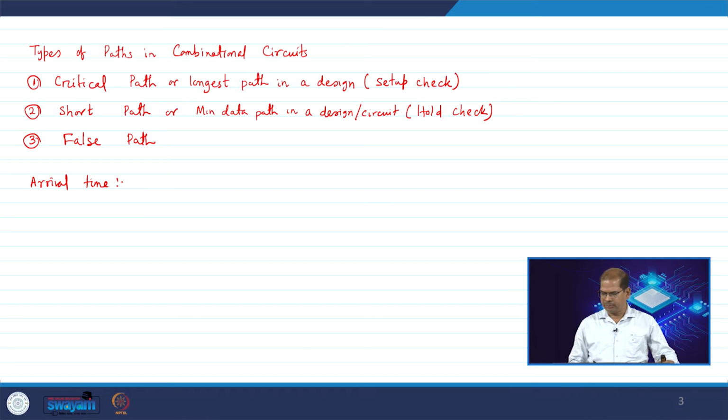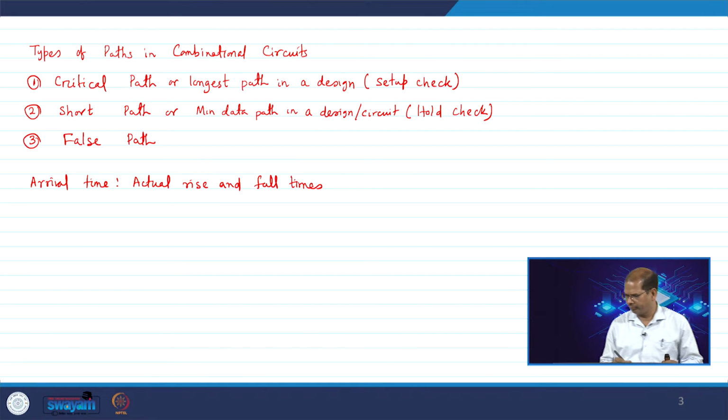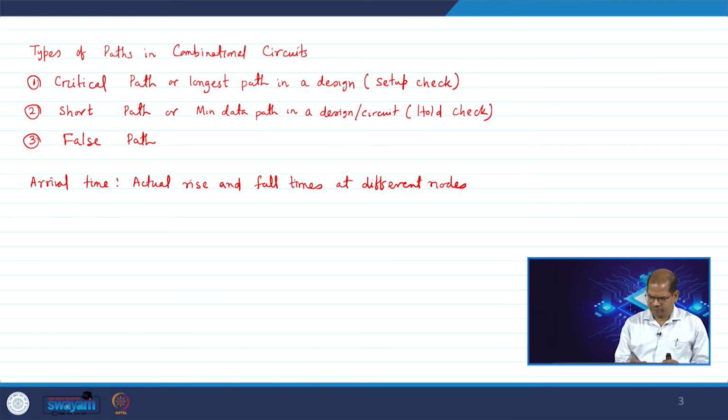Arrival time is the actual rise and fall time at different nodes due to the rise and fall delay of the logic gates.